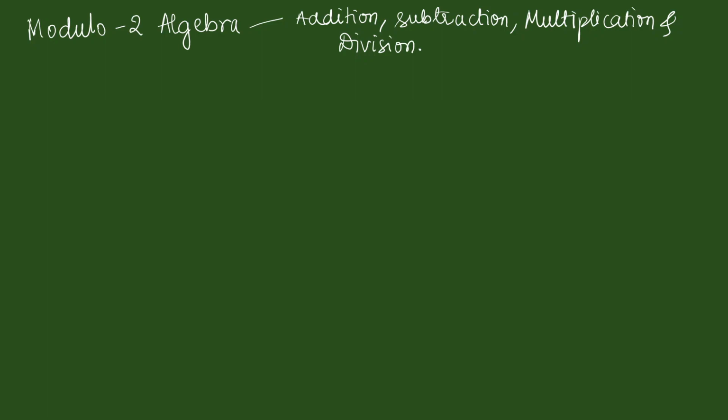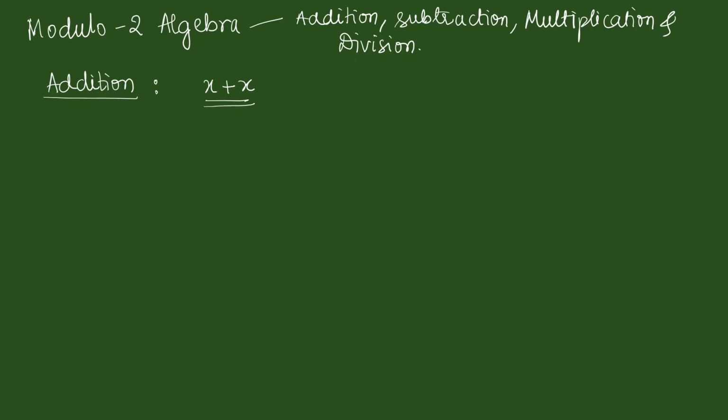So first and foremost is the modulo 2 addition. In the modulo 2 addition of polynomials, it is simple. Assume that I have x plus x as one of the expressions, and I want to evaluate the value of x plus x in terms of modulo 2 arithmetic.